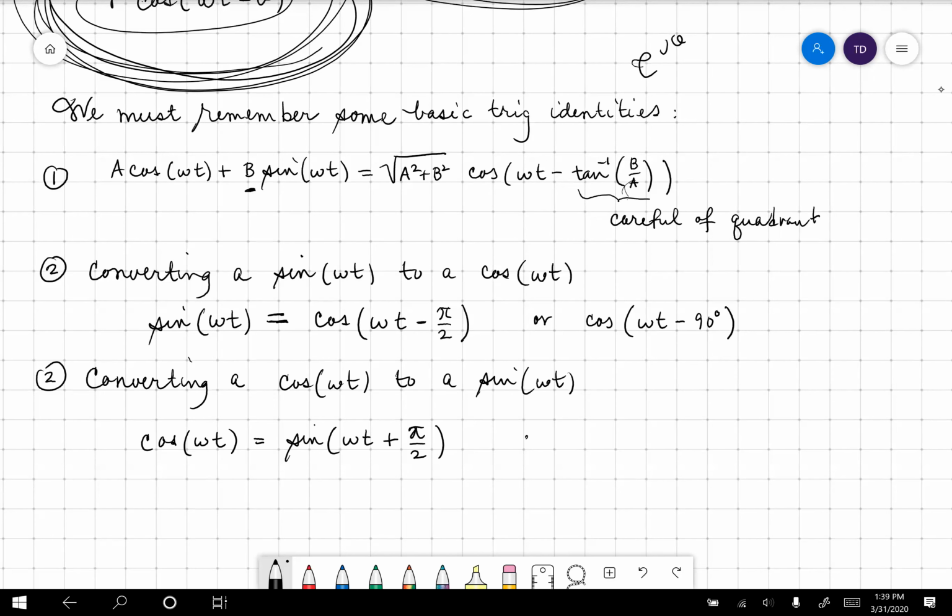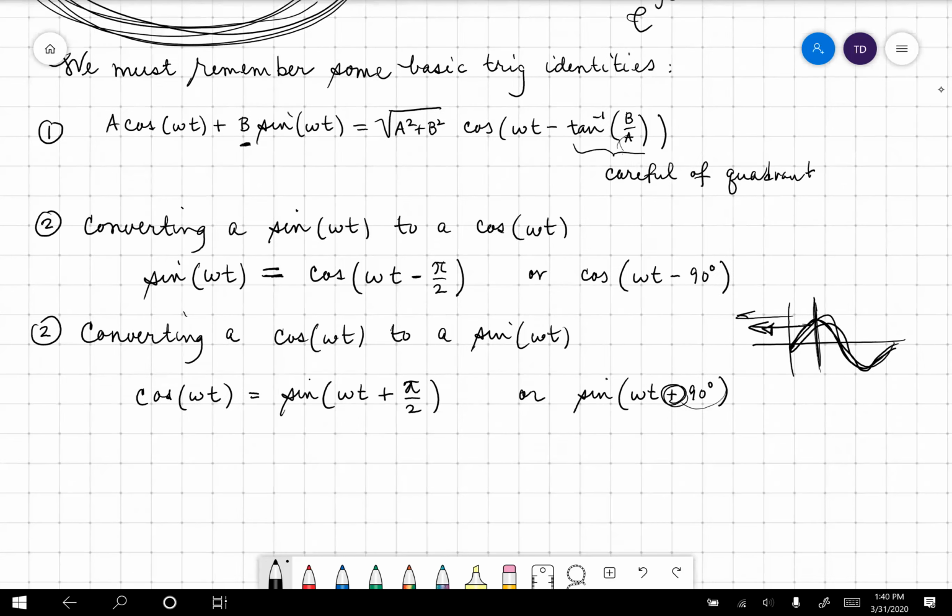Again, if you like degrees, sine of omega t plus 90 degrees. You take the sine function, and in a quick sketch, sine starts like that. I know that's an ugly sine function. I shift it this way by 90 degrees, a quarter of its cycle. That's a plus, shifting it this way, and I get the cosine. So those two are really important.